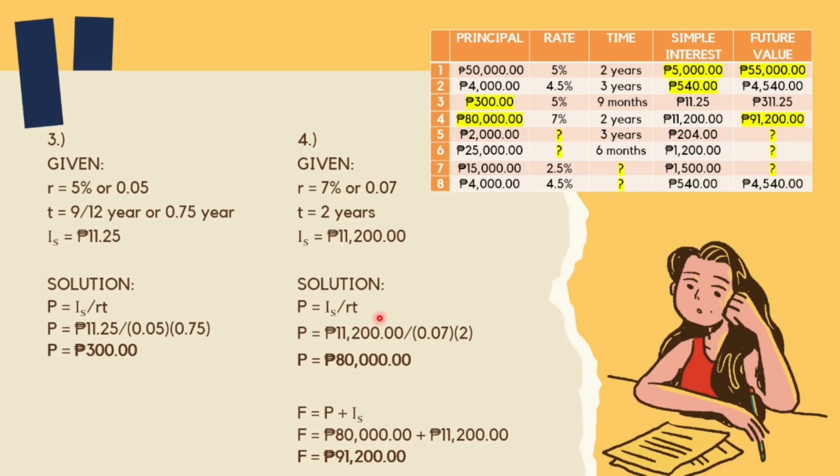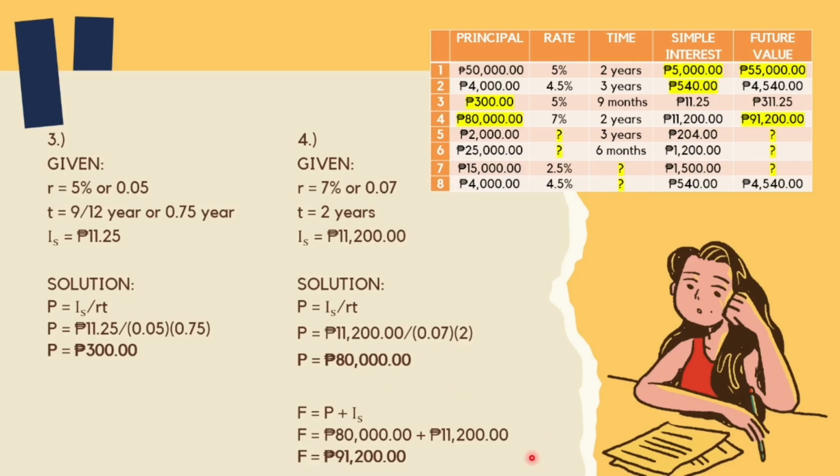First, let's solve for the principal. The formula is: principal is equal to simple interest divided by the product of rate and time. Substituted, simple interest of 11,200 divided by the rate of 0.07 times the time of 2. Calculate it and you'll get an answer of 80,000. So that is the principal for this specific example.